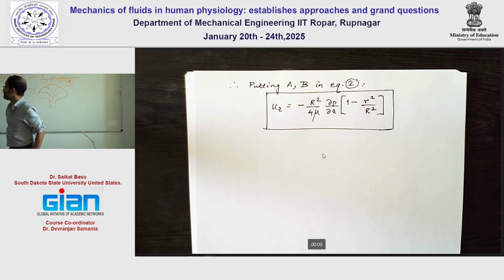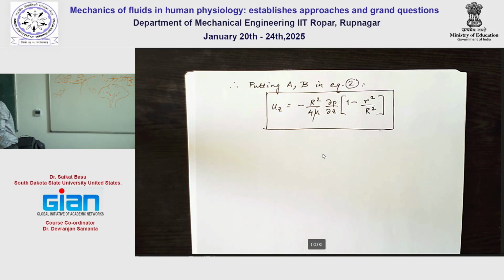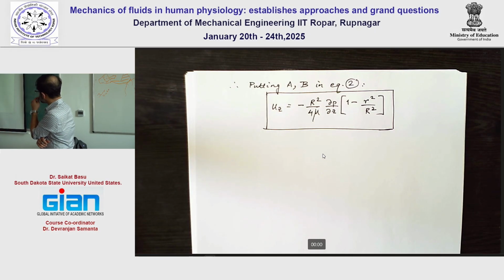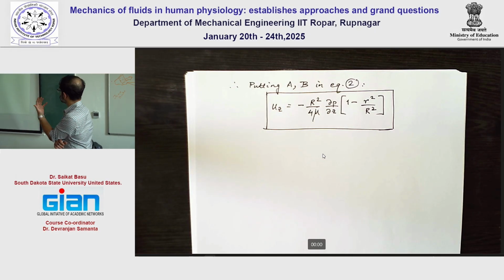And so once we have uz, the streamwise velocity, we can now integrate this over the entire cross-sectional area of the cylinder to get the flux.